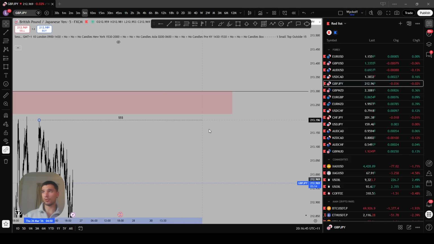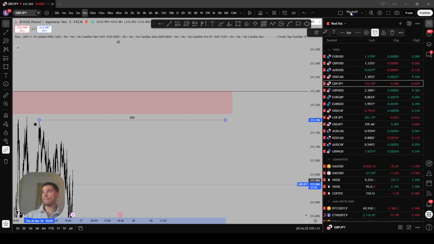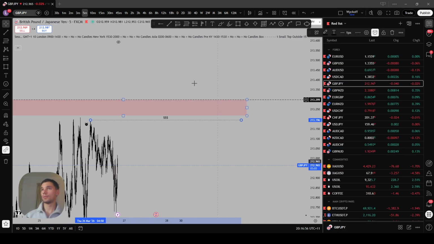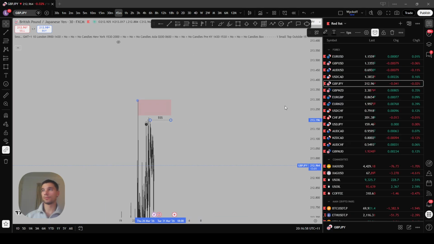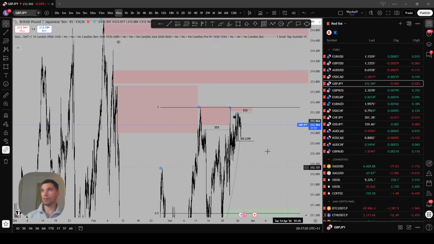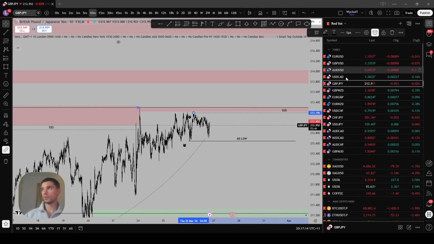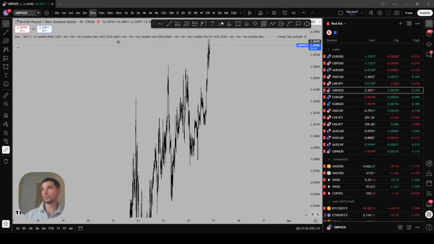There is some nice buy side liquidity forming above. But yeah, we'll leave that as is for now. We will move on.